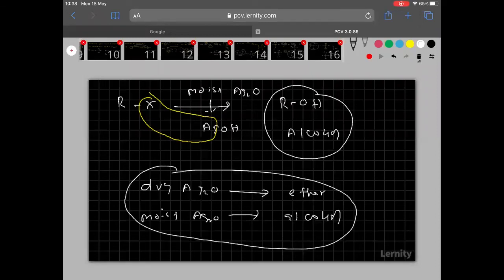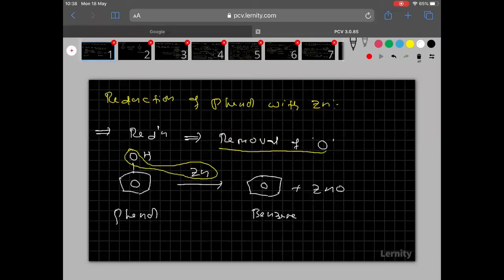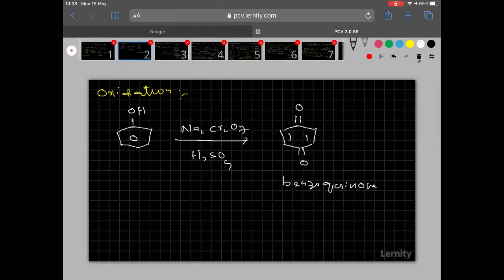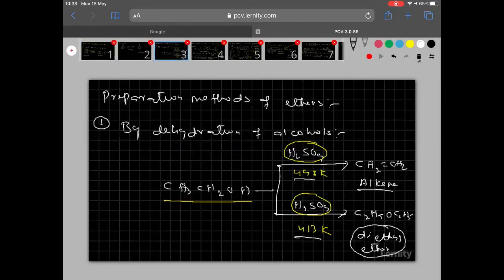These are the preparation methods of ethers. So from the starting, I will show you the slides here. See clearly, everyone now. Second one, oxidation reaction. Third one, preparation methods of ethers, that is the dehydration reaction. Mechanism of dehydration.